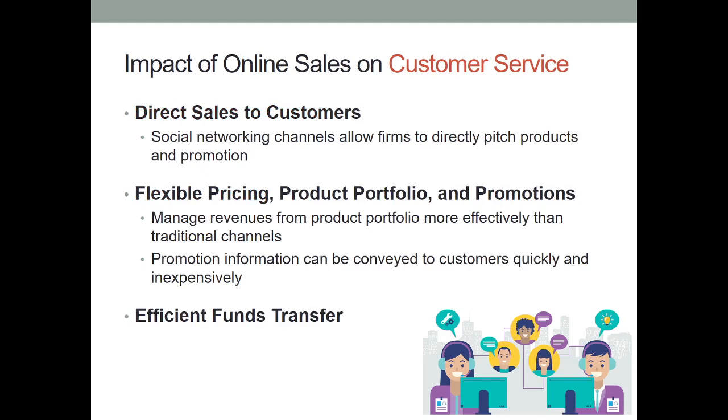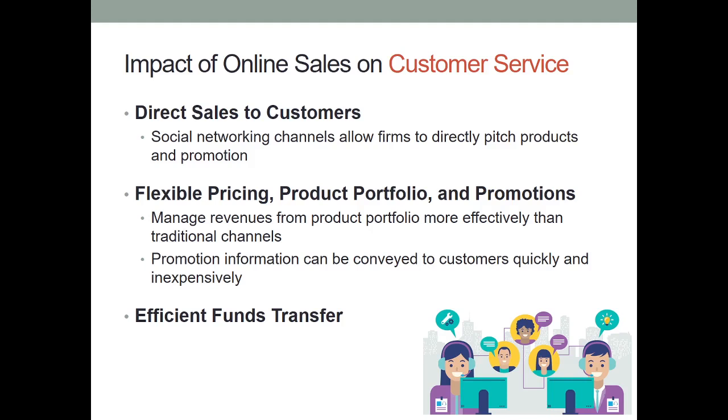Okay, what about the impact of online sales towards the customer service? Direct sales to the customer, where social networking channels will allow the firms to directly pitch the products and promotion, flexible pricing, product portfolio and promotions.